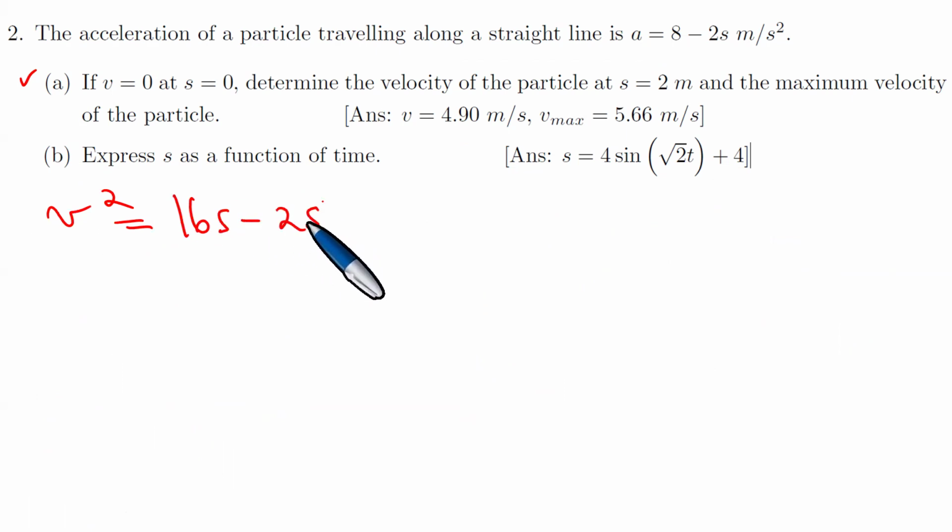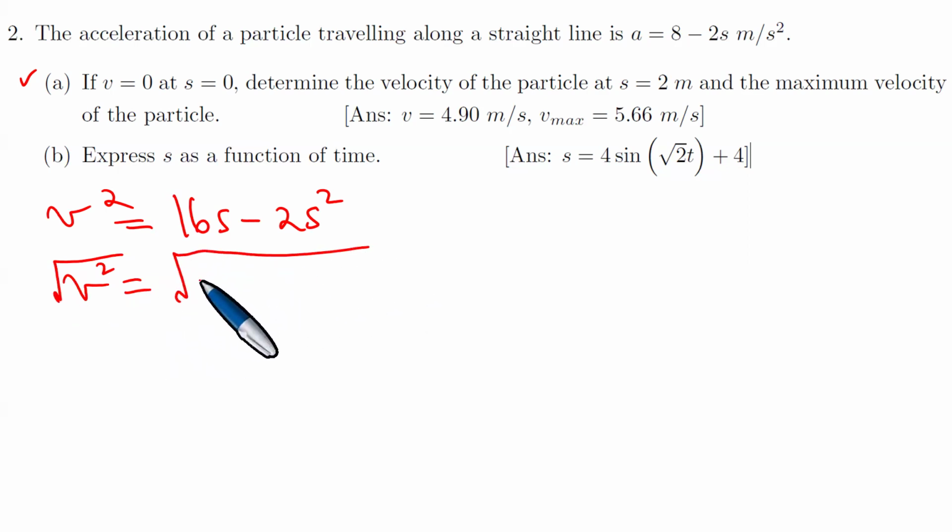You see, the velocity itself can be seen as, because it's v squared, you can take the square root here and the square root there. Well, in principle, it can be plus or minus, depending on the case.